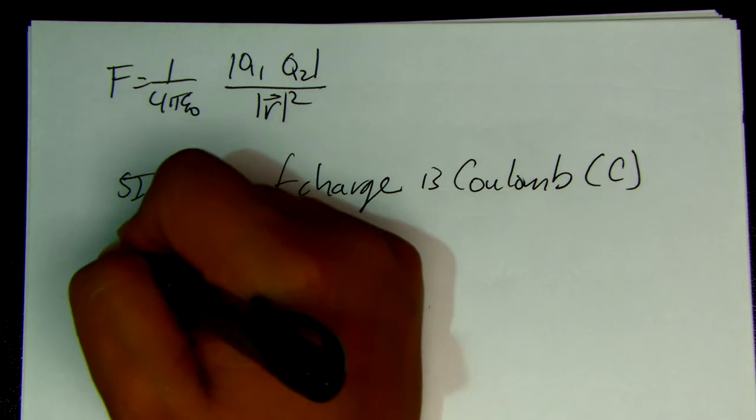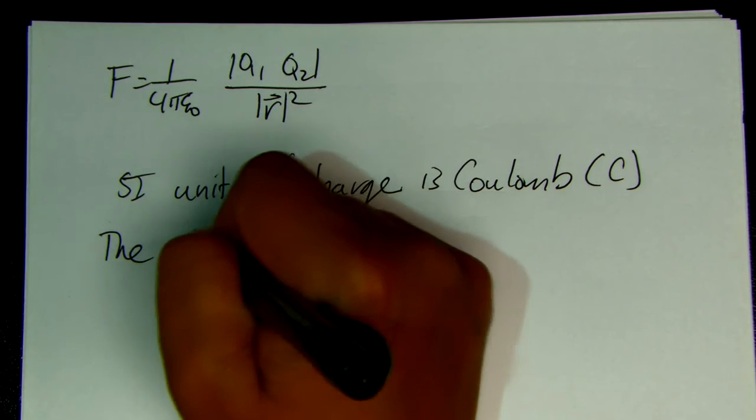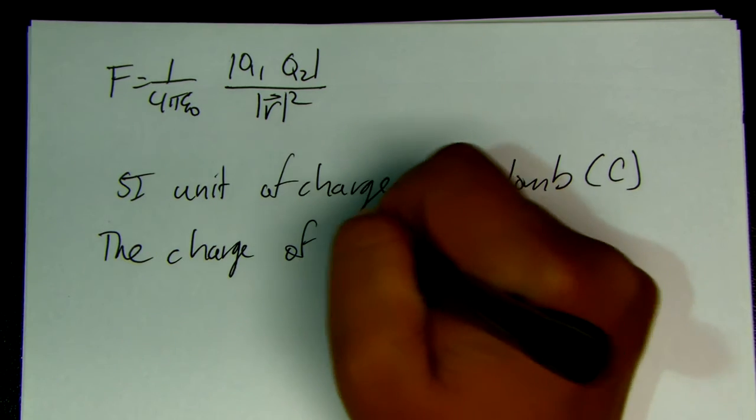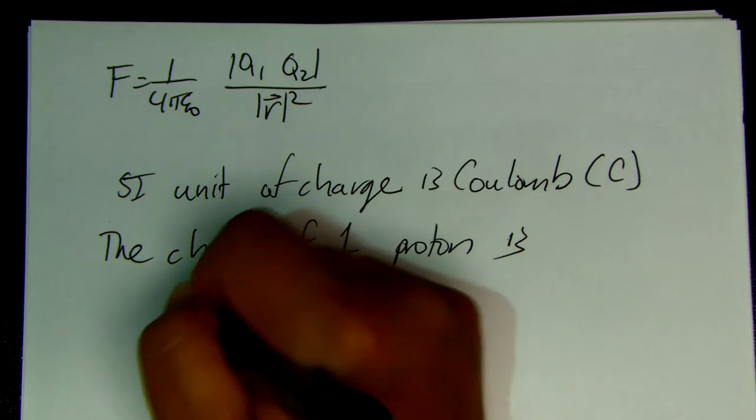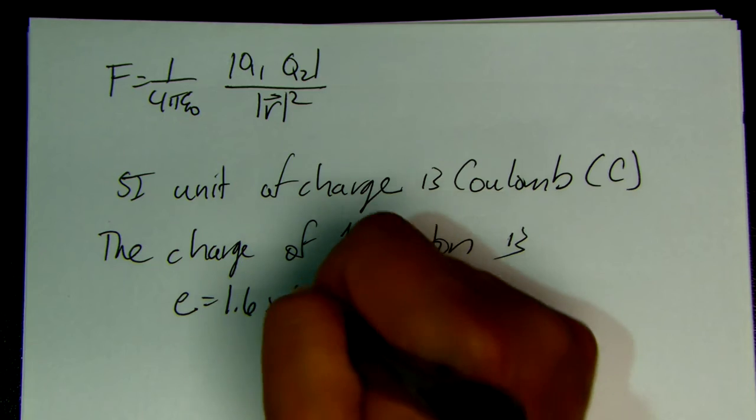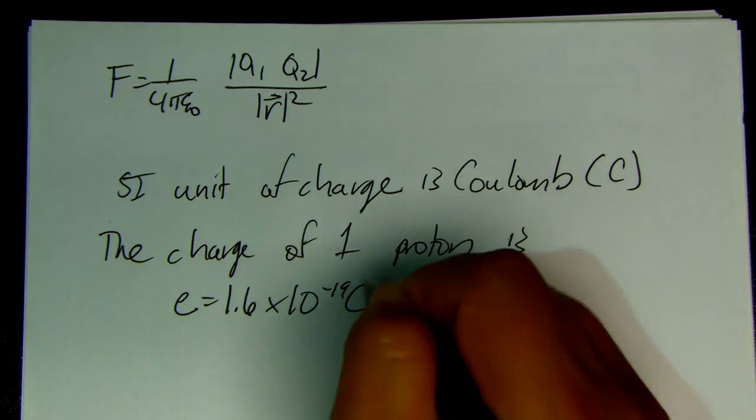And the charge of one proton is E, equal to 1.6 times 10 to the minus 19 coulombs.